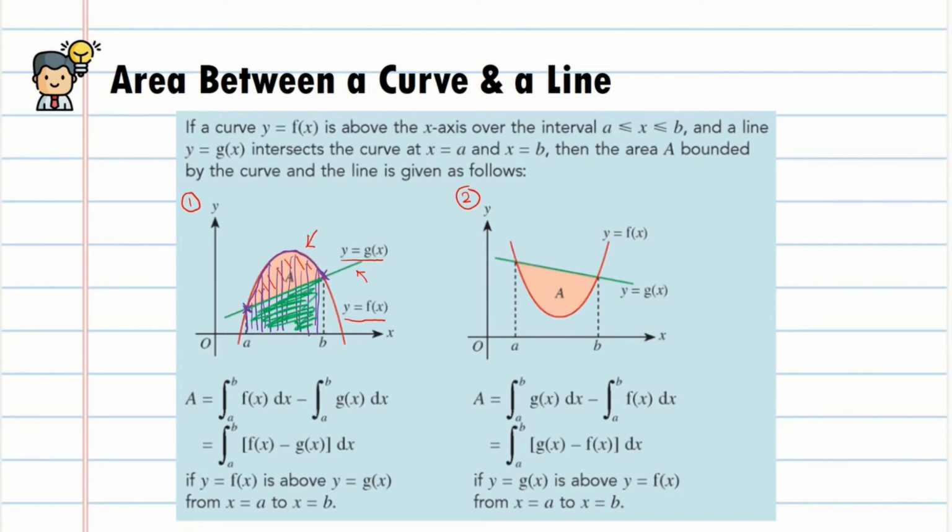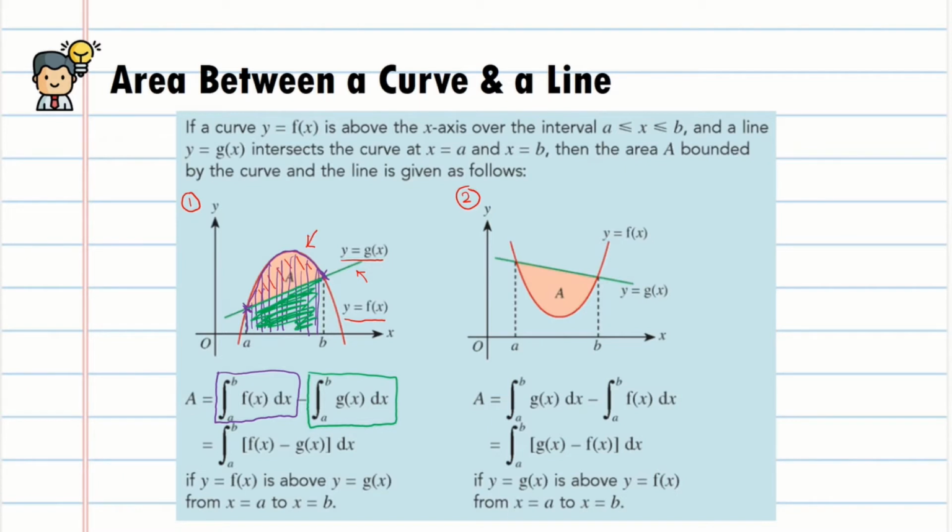So to find out the area A, we take the area under the curve, which is represented by this definite integral, minus away the area under the line, which is represented by this definite integral. This will help us find the area of the shaded region.